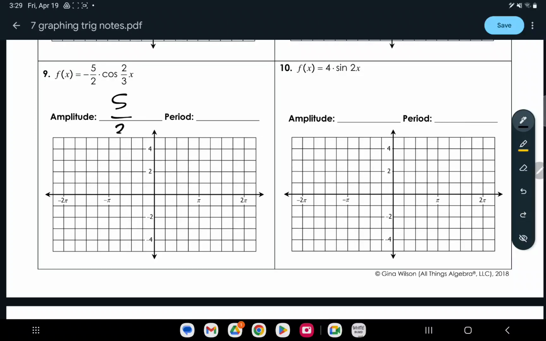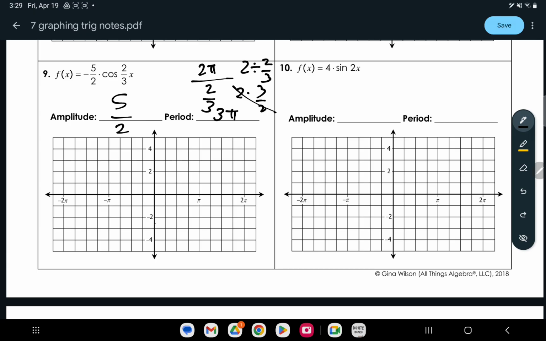Alright, amplitude is 5 over 2. Period is 2 pi over 2/3. 2 divided by 2/3 is really 2 times 3 over 2. So that cancels. So it's really just 3 pi. So we start at 5 over 2, but it's reflected, so we're really down here.